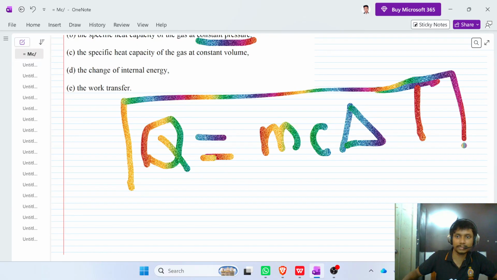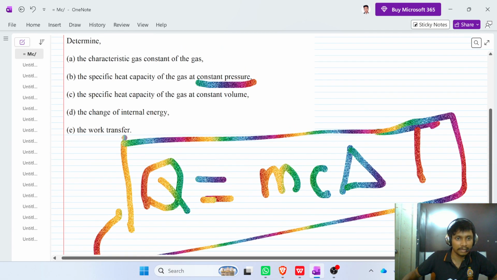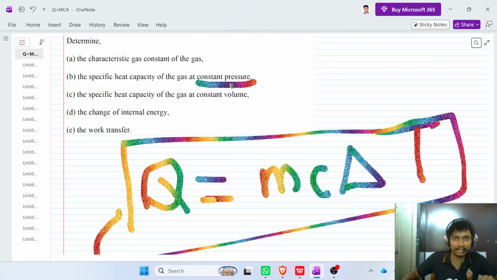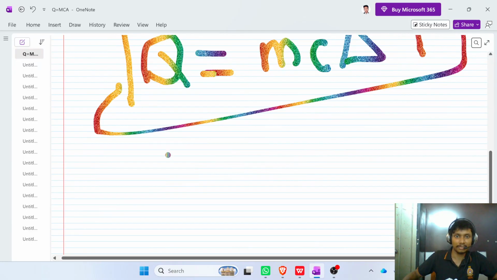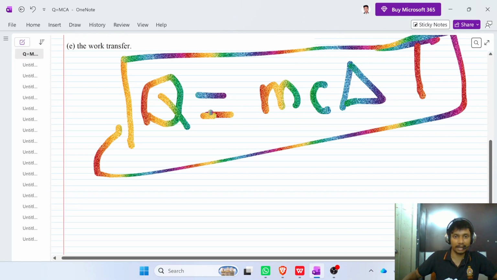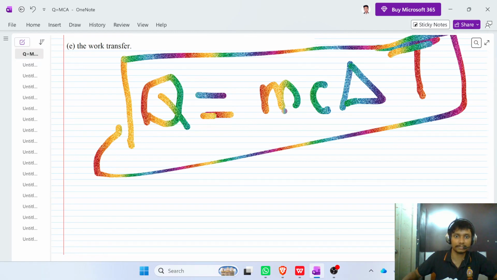Now the question is we have to find the specific heat capacity of the gas at constant pressure. Therefore, this is the standard equation: Q is equal to mc delta T.